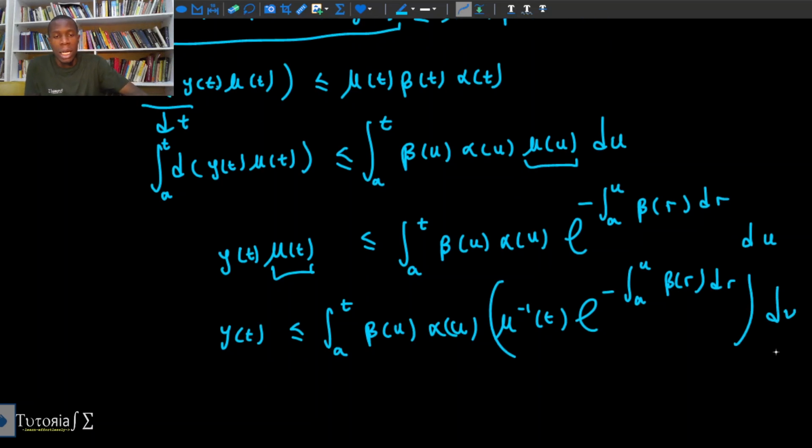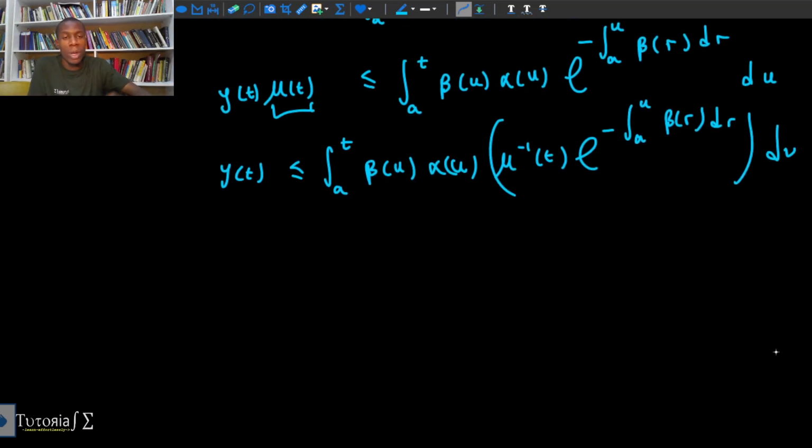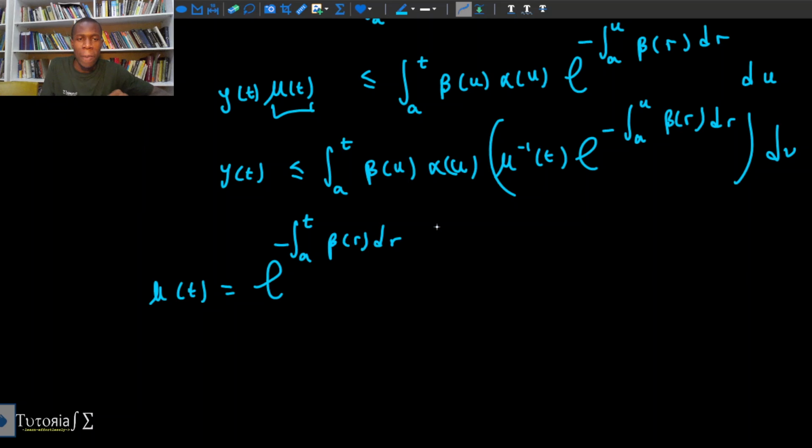Okay, now what is mu inverse? So remember, mu of t is equal to e to the negative integral from a to t of beta of r dr, like that.